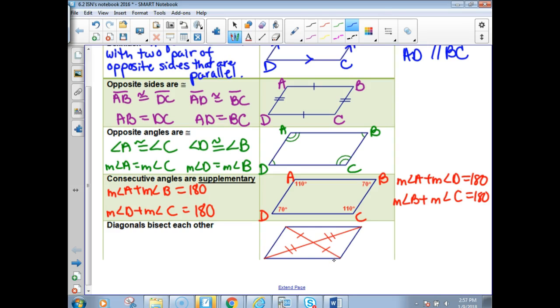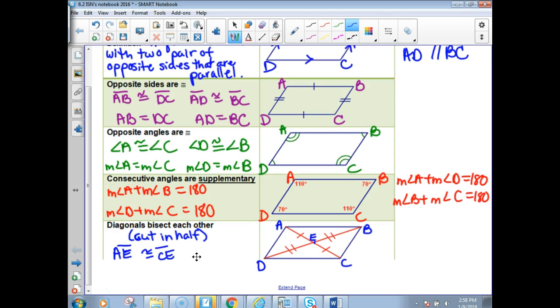The following is another property of parallelograms, the diagonals, which is a segment drawn from one corner to a non-consecutive corner. The diagonals bisect each other, which means they cut each other in half. So I'm going to label this ABCD, but I'm also going to need a point in the center, and I'm going to call it E. So in our diagram, segment AE is congruent to segment CE.